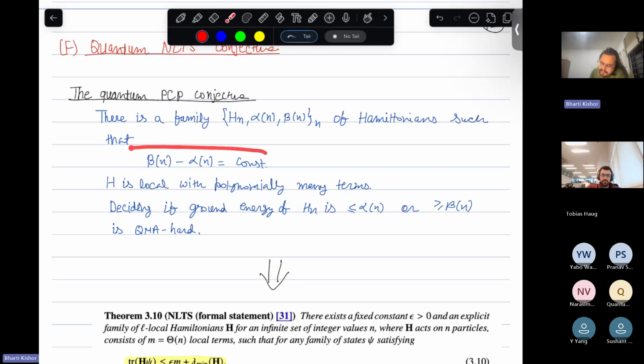But if you make this gap constant, which means it does not depend on n, then showing that deciding whether the ground energy is above beta_n or below alpha_n is still QMA-hard is something which people have not managed to prove.